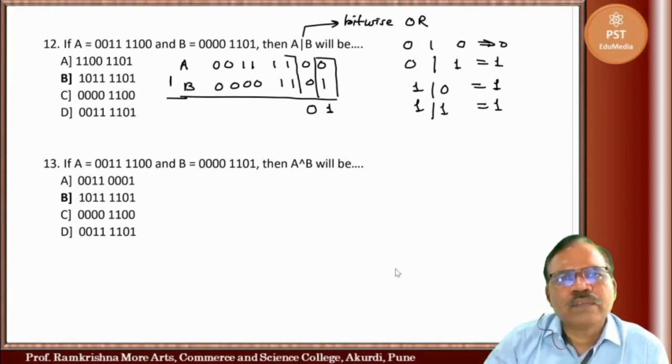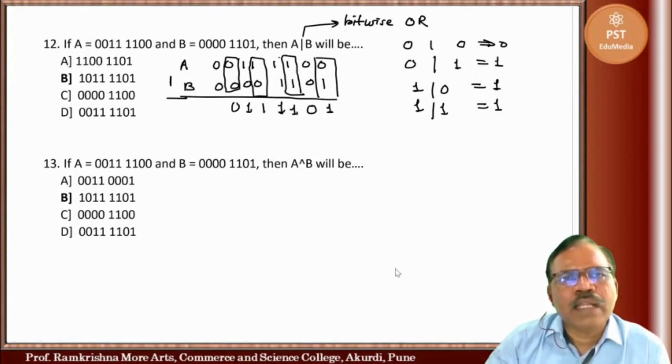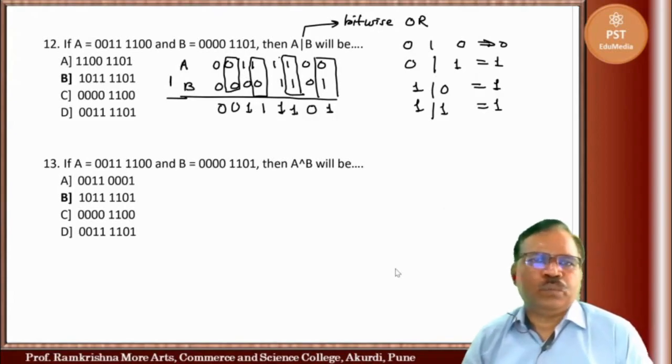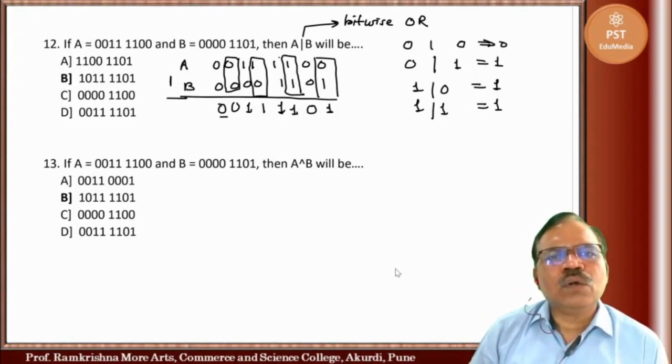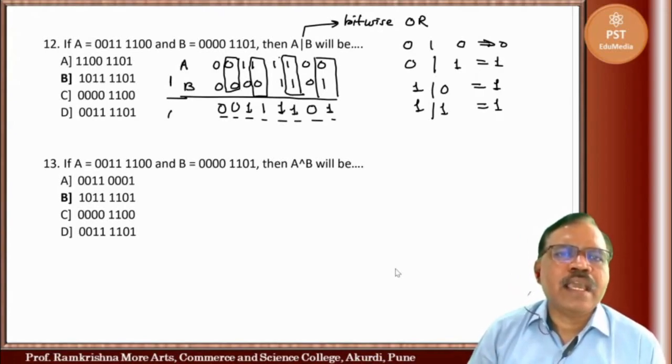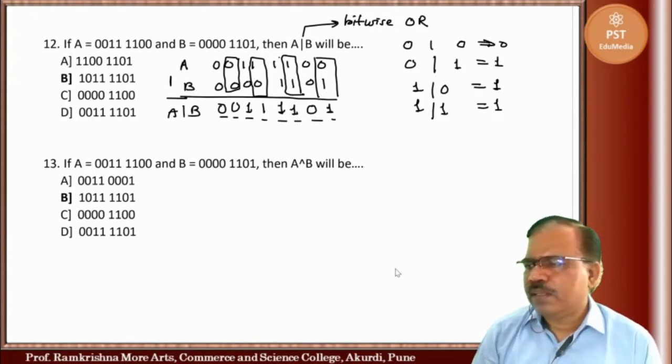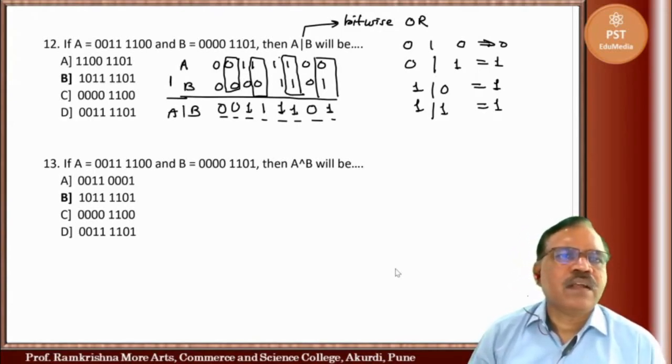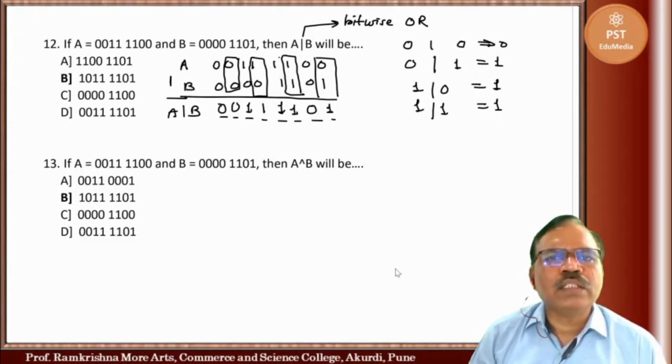Now 1, 1 will be 1. Now 1, 1 will be 1. Then 1, 0 will be 1. Then 1, 0 will be 1. 0, 0 will be 0. And 0, 0 will be 0. So here 0, 0, 1, 1, 1, 1, 0, 1. This is A or B. So see here 0, 0, 1, 1, 1, 1, 0, 1.